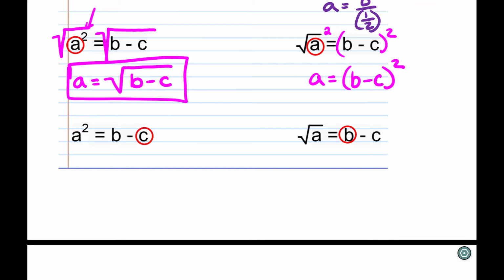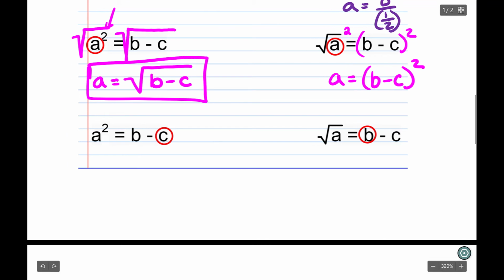This one looks like we're going to have to do some kind of squaring or square rooting because of the squared, but we don't. We simply just have to isolate the c. Now, there's a couple of ways of doing it, but I don't like this negative here. What I would like to do is make the c positive. So I'm going to do a two-step rearranging in order to do that. What I'm going to do is move c over by the opposite operation of subtraction, which of course is addition.